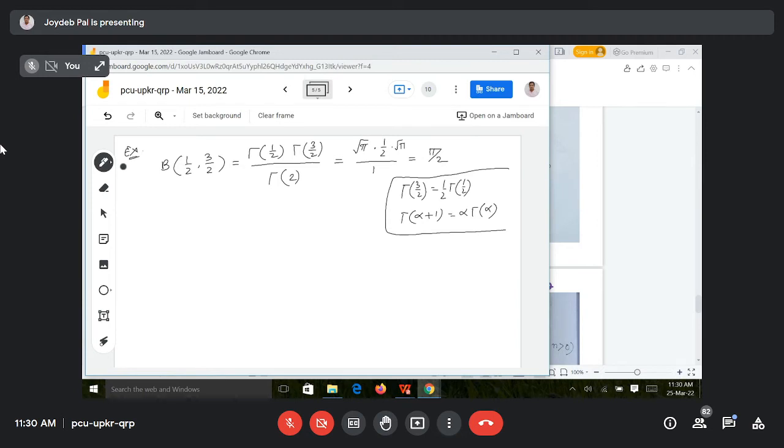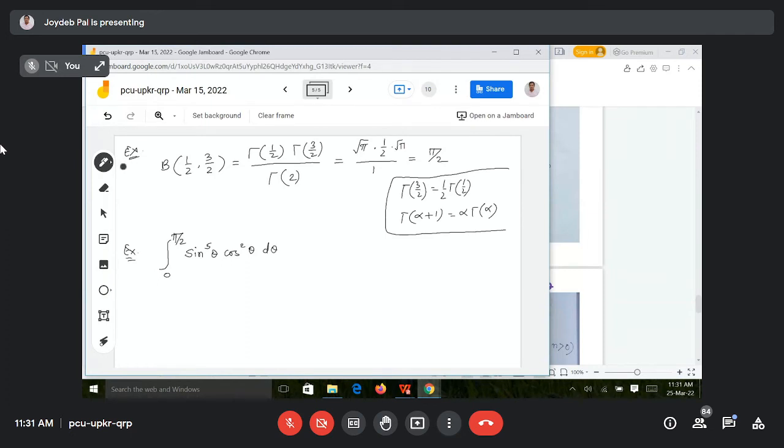Now see another property I am showing. Find the value of the integral from 0 to pi by 2 of, say, sine to the power 5 theta cos square theta d theta.